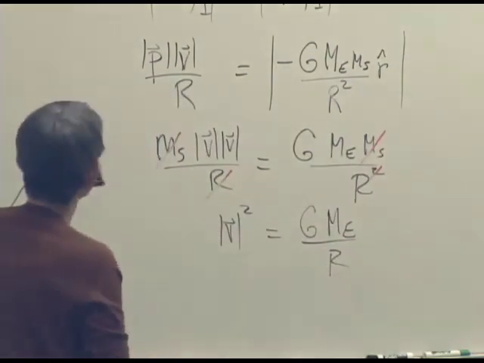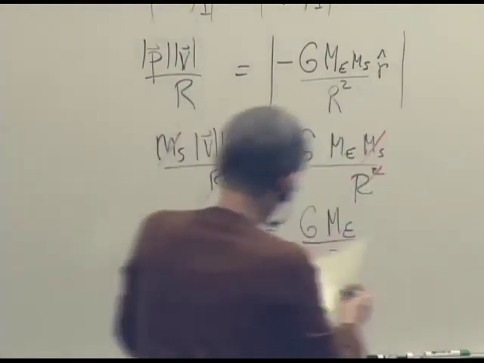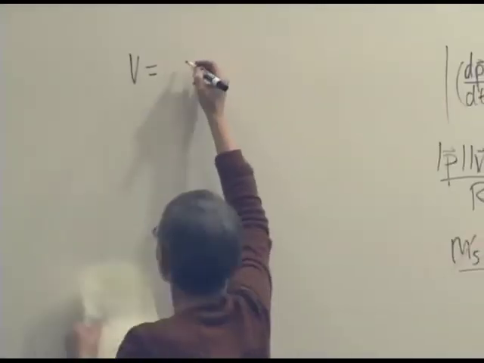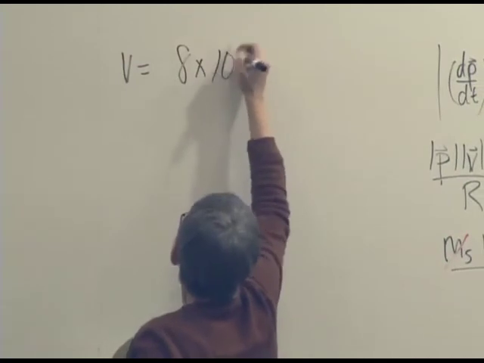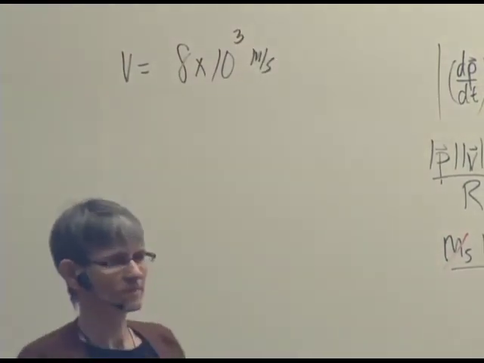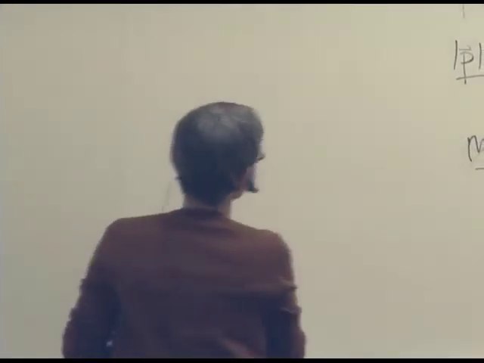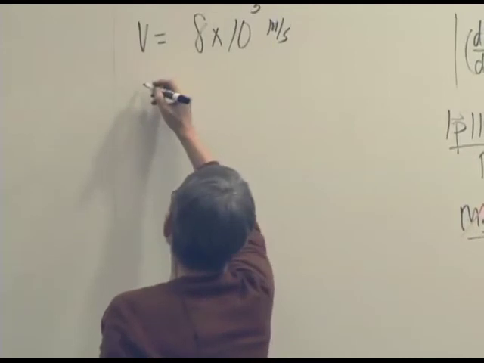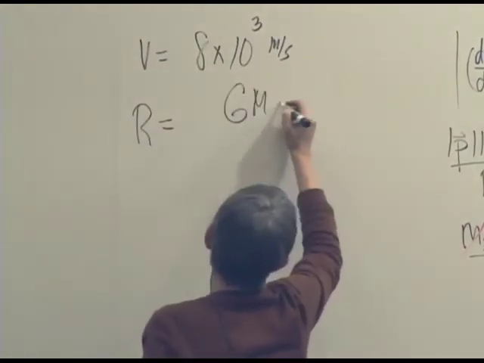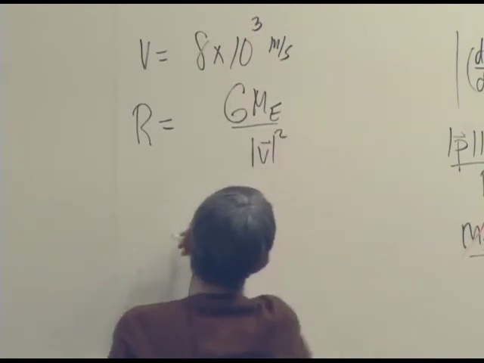And so suppose we said, well, we know the speed of the satellite is 8 times 10 to the third meters per second. What's the radius of its orbit if it's going in a circular orbit? Well, it looks like we can solve for r: r is going to be G times the mass of the Earth over v squared.